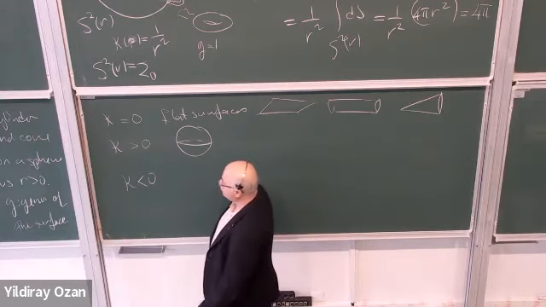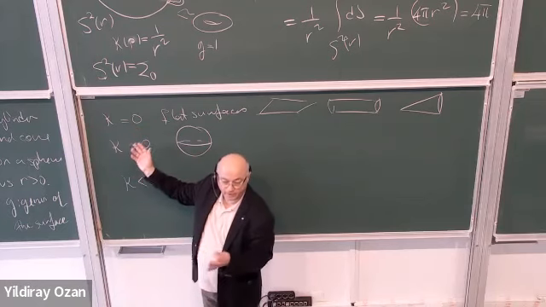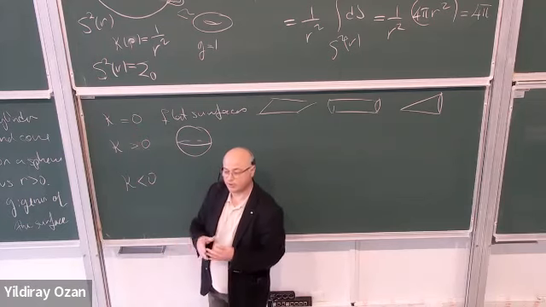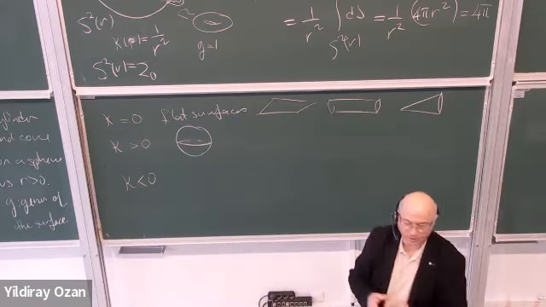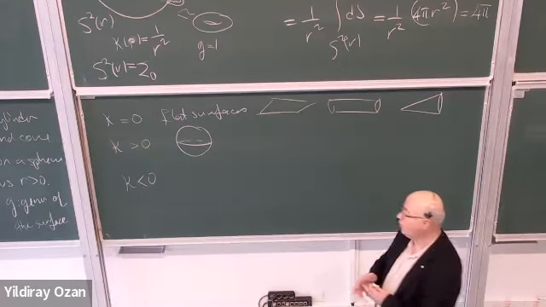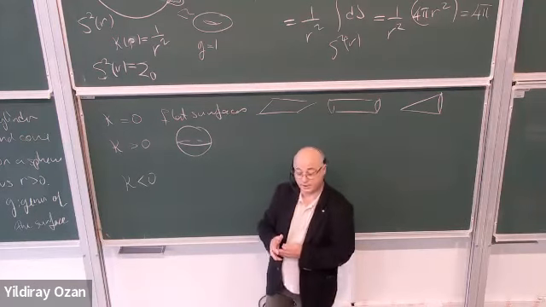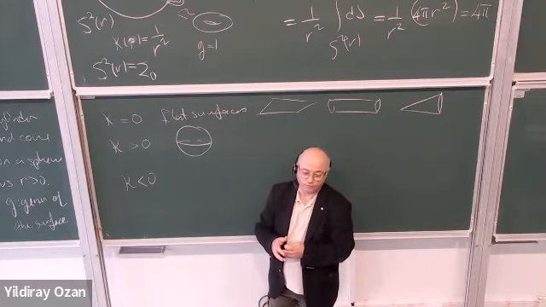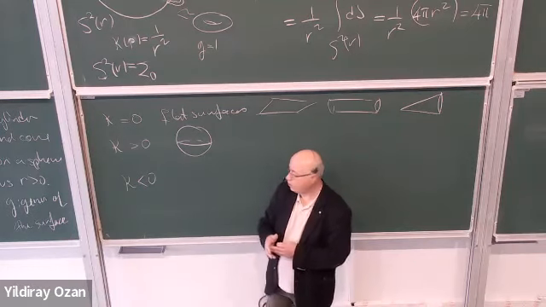Actually, for a long time people thought that all surfaces are flat, that all geometries are just Euclidean geometry. Euclidean geometry was the only geometry, they thought. Then, after the work of Gauss and Riemann, people realized that Euclidean geometry is actually one of several geometries.